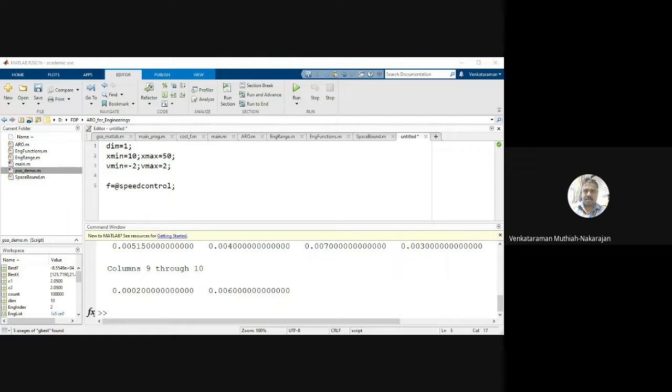What I'm trying to say is there is a lot of code available already out there, so you might want to use it. Plenty of code is available along with the literature, so you can exploit it and use it for your applications.